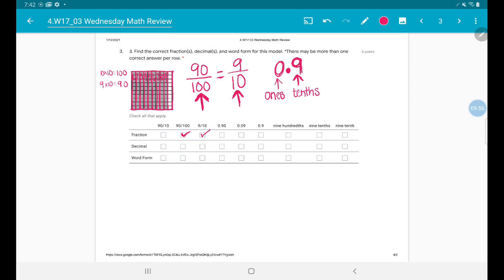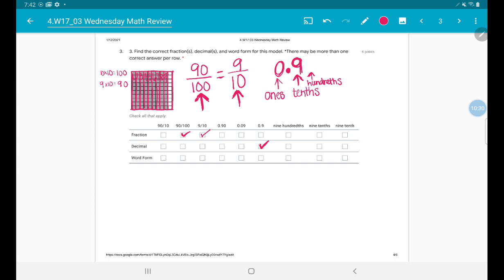I look at my model over here. I have no whole figures shaded in, and I have 9/10 of 1 shaded. So here's the decimal that says 9/10: 0 wholes, a decimal point, and a 9 in the 10ths place. After my 10ths place value, the next smaller place value is the hundredths.